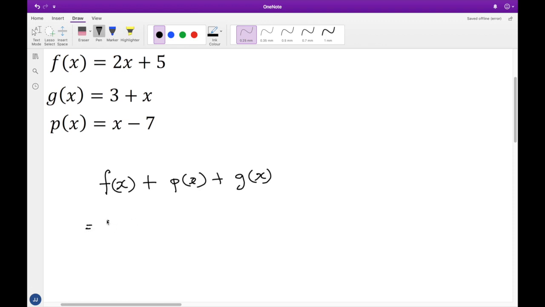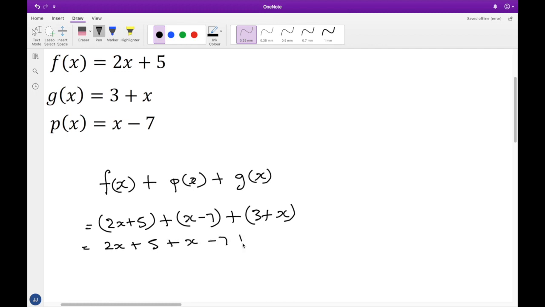The f of x is 2x plus 5 plus the p of x, which is x minus 7, plus the g of x, which is 3 plus x, right? So 2x plus 5 plus x minus 7 plus 3 plus x.